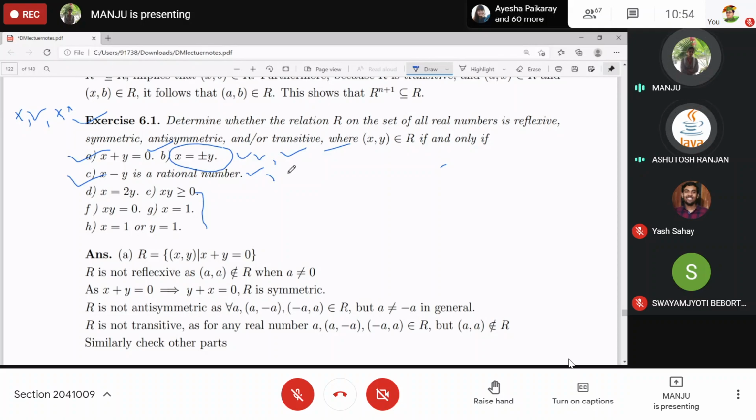Then symmetric. See, x minus y is rational, then if you take minus out, obviously that will also be rational, right? So if x is related to y, then y is also related to x. Clear? Antisymmetricity.